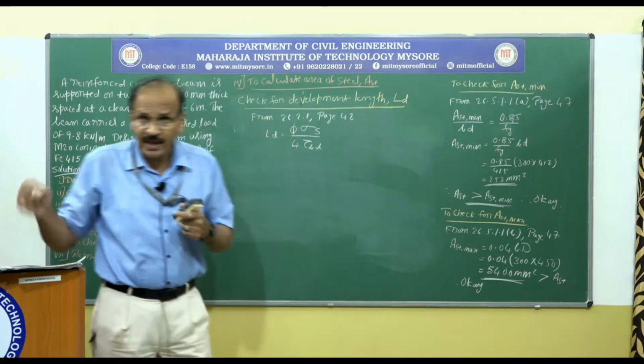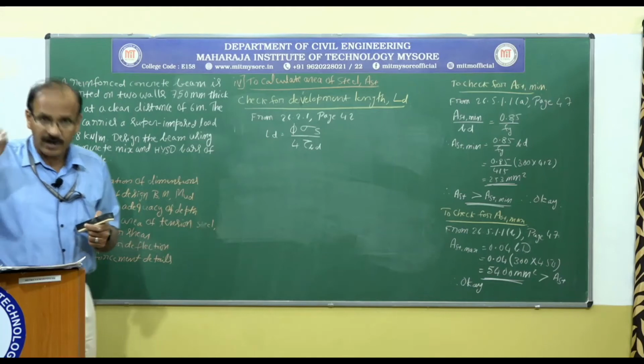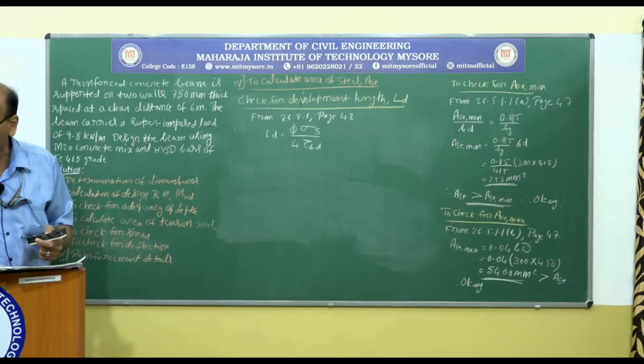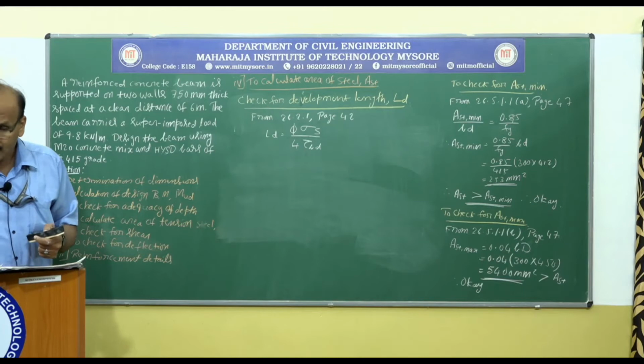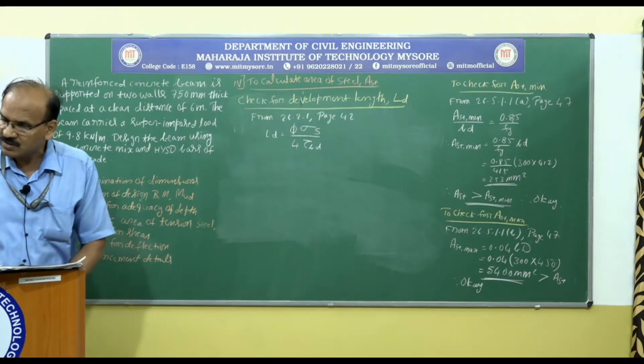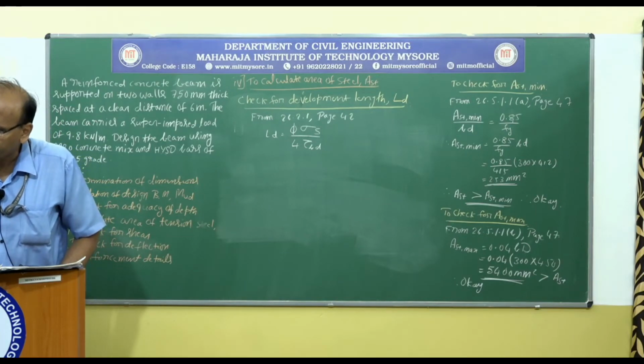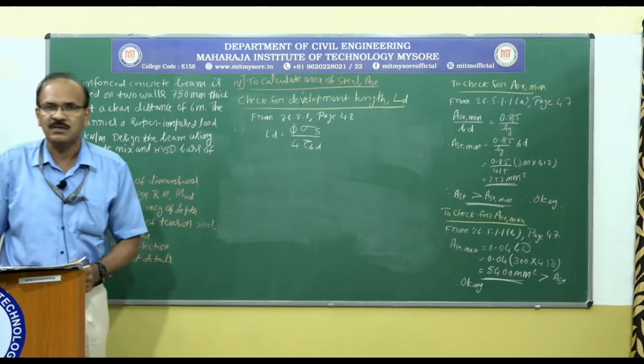So where it is given, again if you go to page number 43, first column, under 26.2.1.1, if you read the first two lines, which I am going to read now for you guys: for deformed bars conforming to IS 1786, these values shall be increased by 60%.